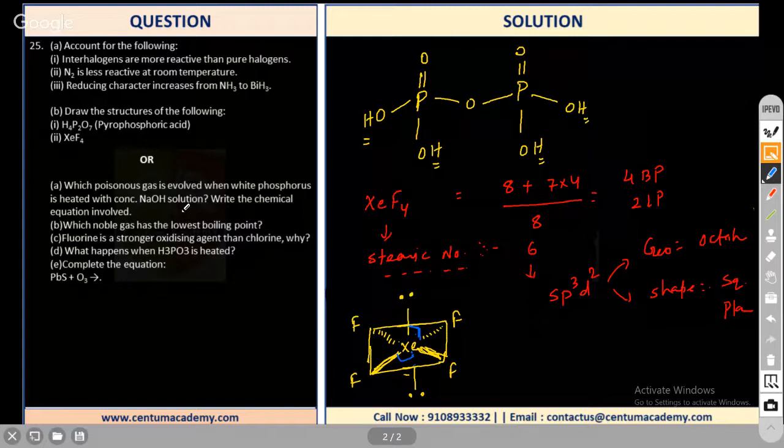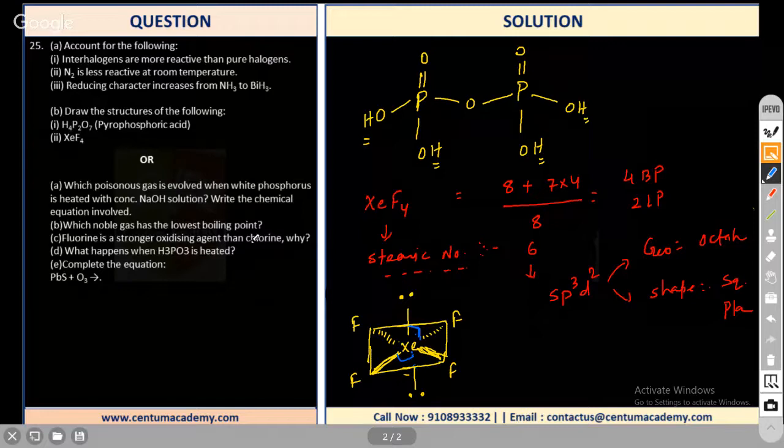Or you can simply keep in mind, as the mass increases, as the size increases, boiling point also increases. Right? And that is why helium has the least boiling point.